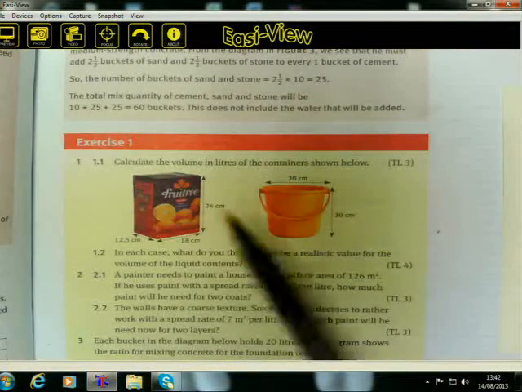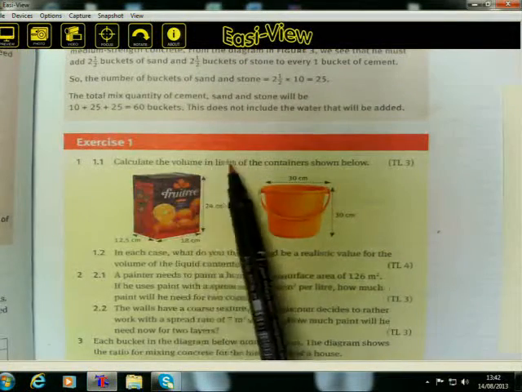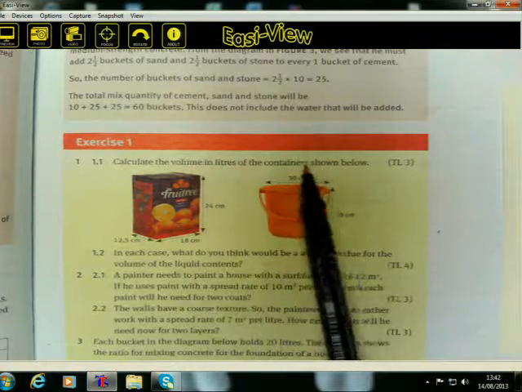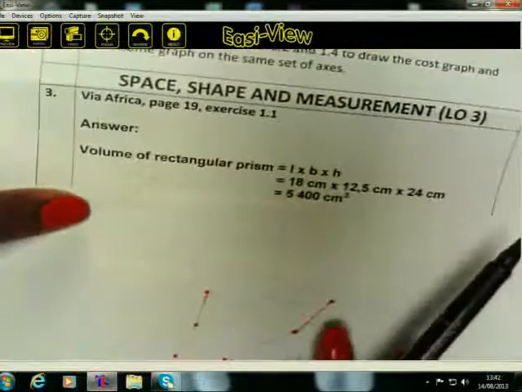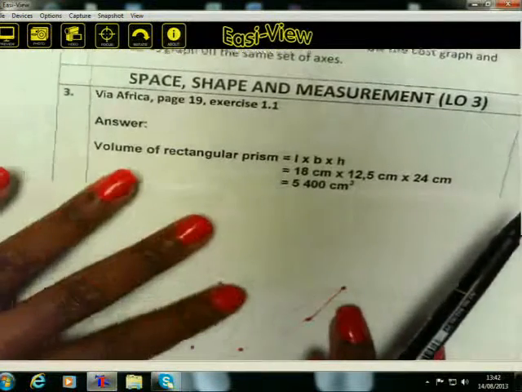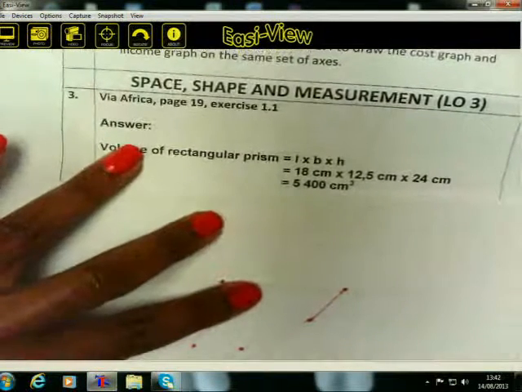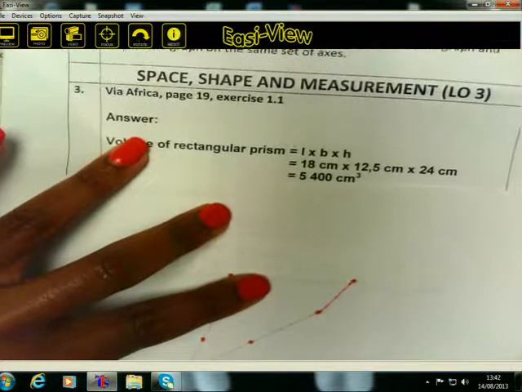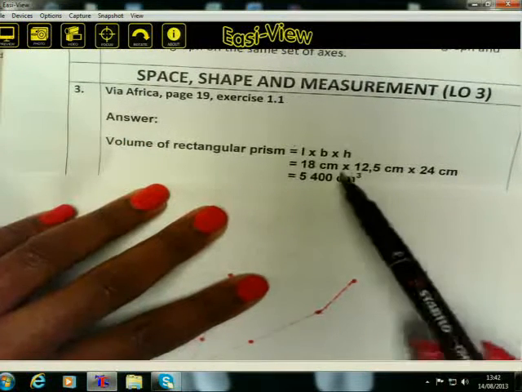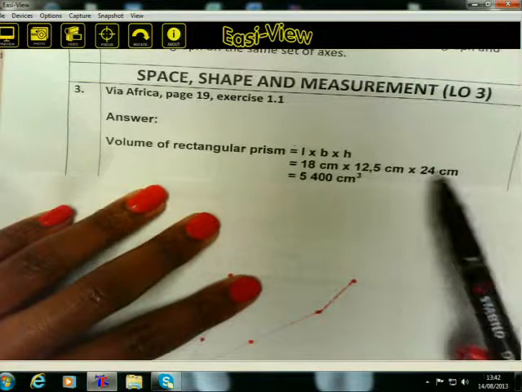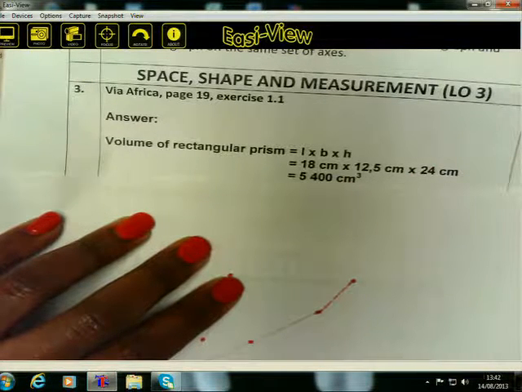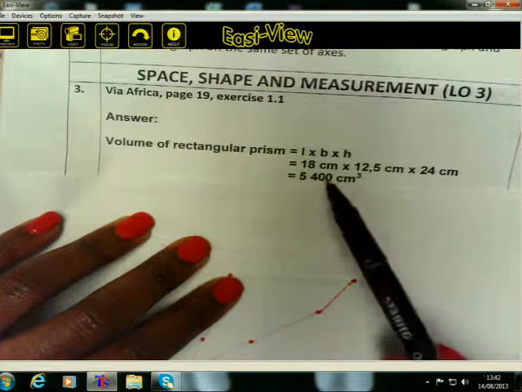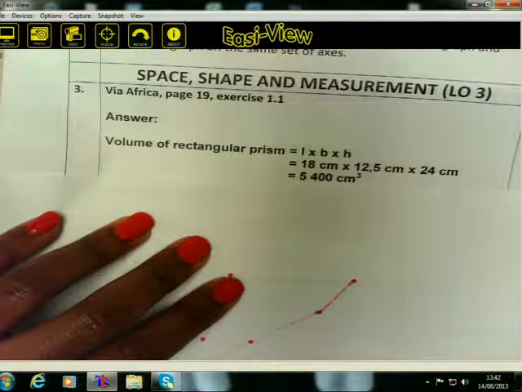Let me go back to the question. The question said, calculate the volume in liters of the containers shown below. But remember, the volume that we now have is in cubic centimeters. Remember, the units for volume are always cubed. So in this case, because we are using centimeters, the units will be cubic centimeters. The question said we must give the volume in liters.